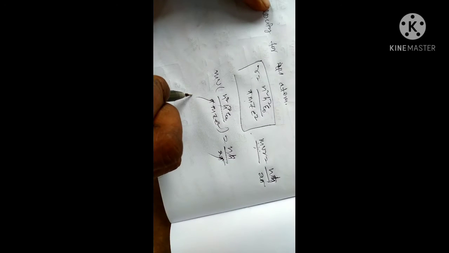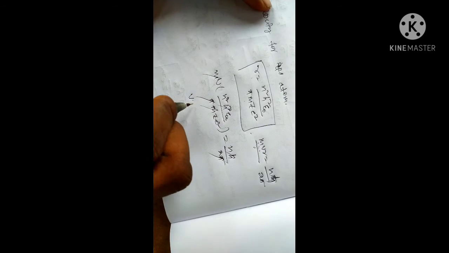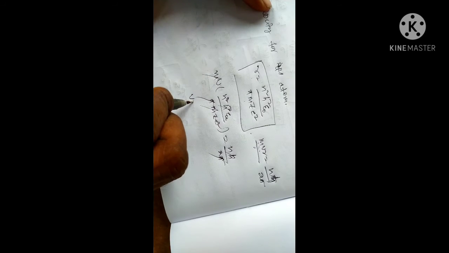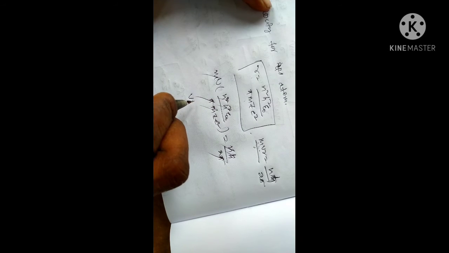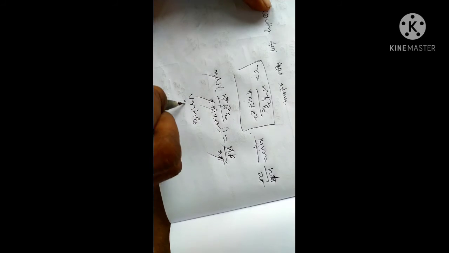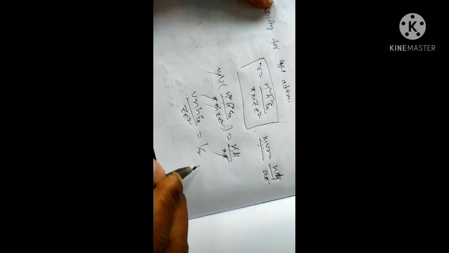That is v times h epsilon naught by z e square is equal to half.